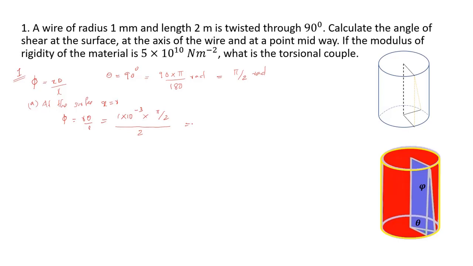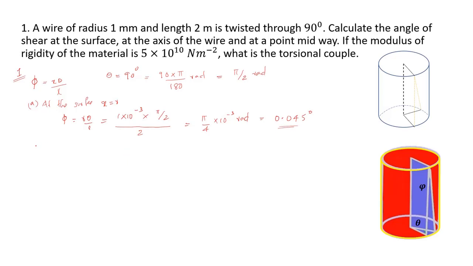So when we solve for this, we will get pi by 4 into 10 to the power negative 3 radians, or it can be further calculated as 0.045 degrees.